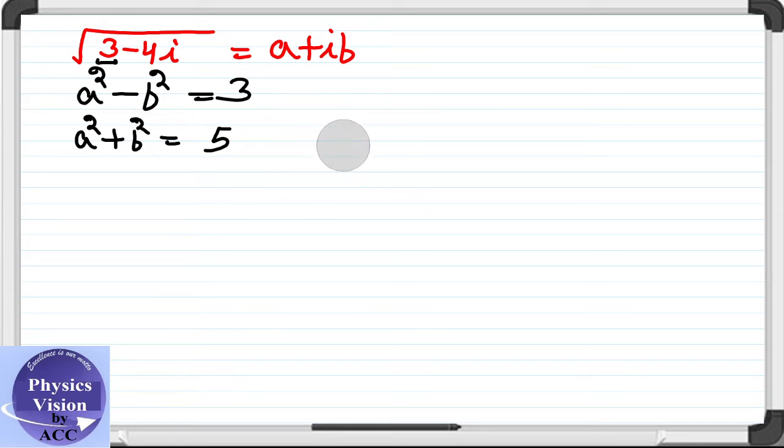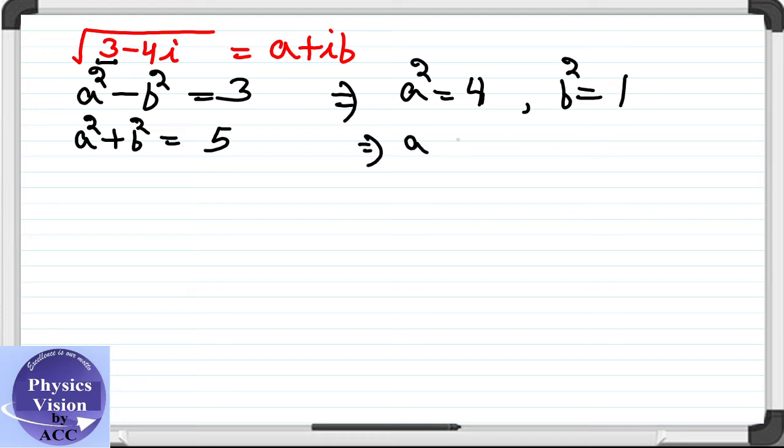By using these two equations, we get a squared equal to (5 plus 3) by 2, which is 4, and b squared equal to (5 minus 3) by 2, that is 1. That implies a equal to plus minus 2 and b equal to plus minus 1.